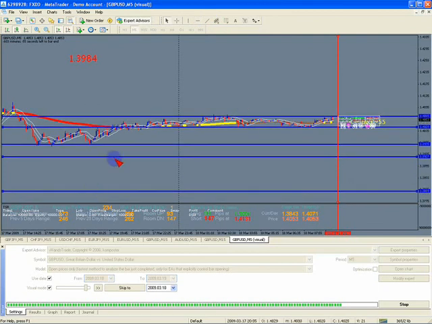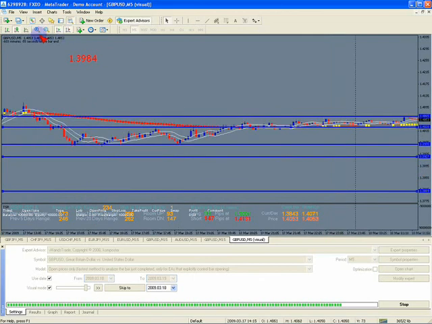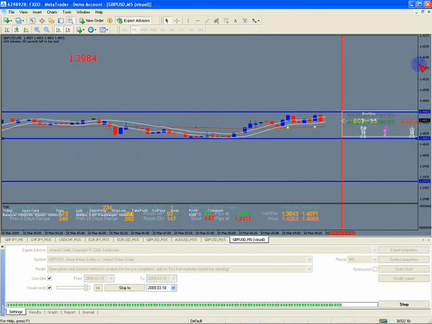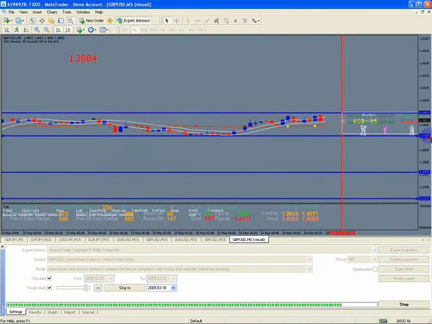Now we're going to step through this trade and see how the trade developed, bearing in mind that we had the Forex dashboard up and running, and we were looking at where the strengths and weaknesses were.